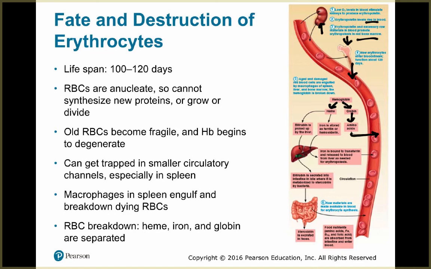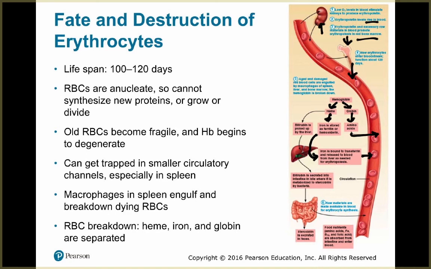And so the iron from that heme group is stored as ferritin or hemosiderin, right? And for it to be allowed to be reused. So you can see it goes into the liver, and then if it needs to be, iron is bound to transferrin and released to the blood from the liver whenever it's needed for erythropoiesis, right?